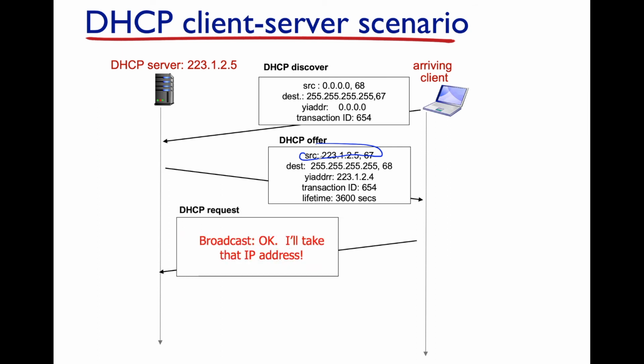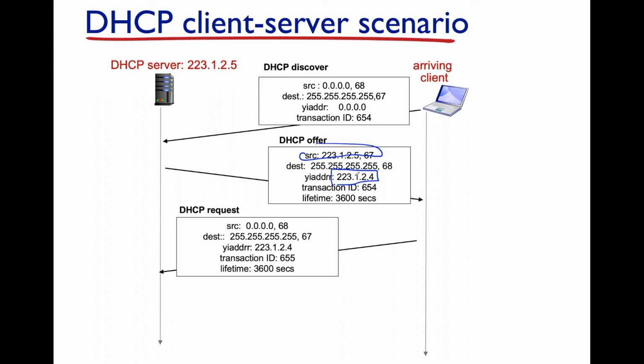So then the client says, okay, I'll take that IP address. And so it says, source is still 0.0.0.0 because, while the client is joining the network, it has an offer, but it hasn't yet confirmed it and hasn't yet received validation of this particular offer that was handed out to you.